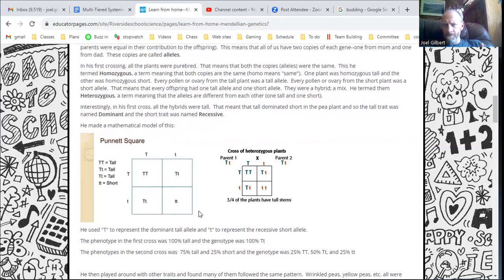Capital is the shorthand for the dominant trait, and 1/4 of them is little t, and it will show the recessive trait. He did this with lots of traits. He found that tall is dominant over short, and I think green is dominant over yellow, and round is dominant over wrinkled. And he found all sorts of different things with pea plants, always playing around with pea plants.